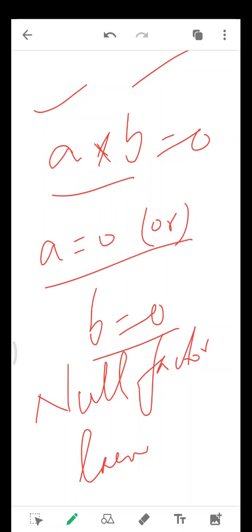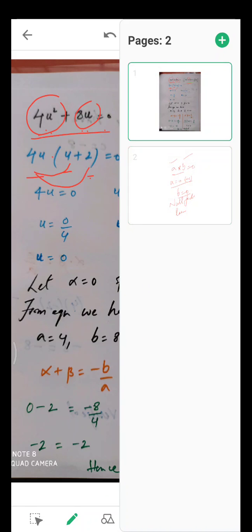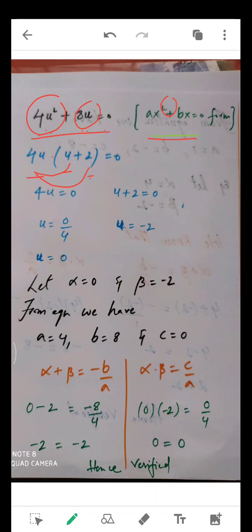Now coming to our question, here also we have two factors, 4u and u plus 2. So 4u equals 0 or u plus 2 equals 0. So u will be equal to 0 by 4, and u equals minus 2. 0 by 4 is nothing but 0.